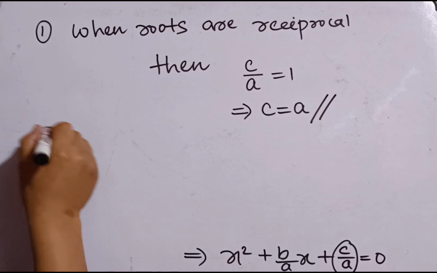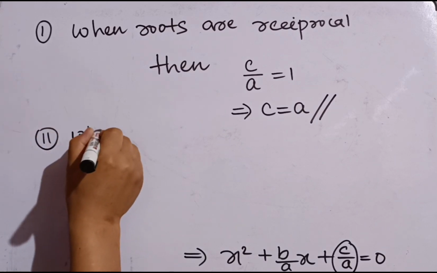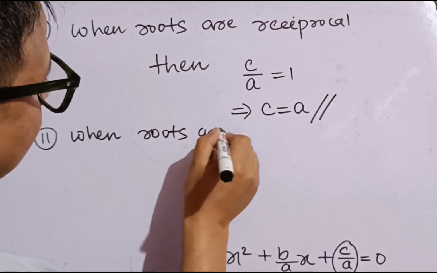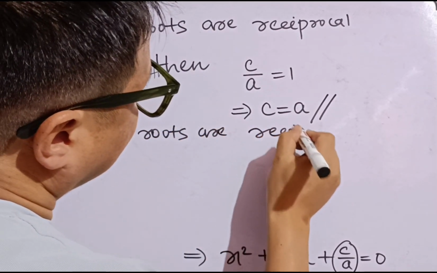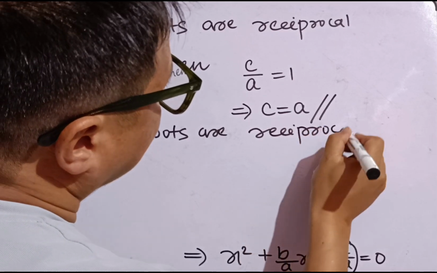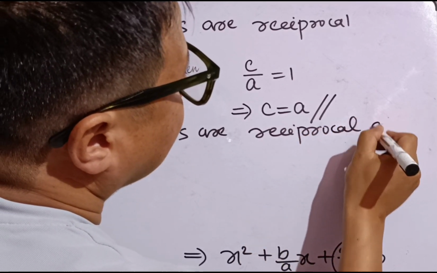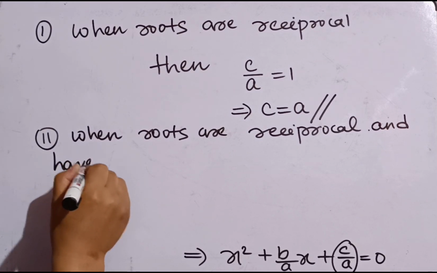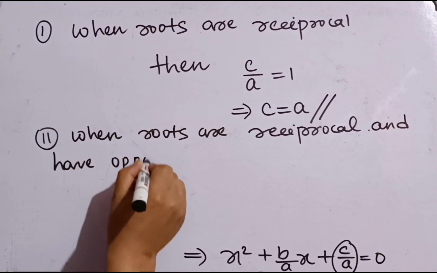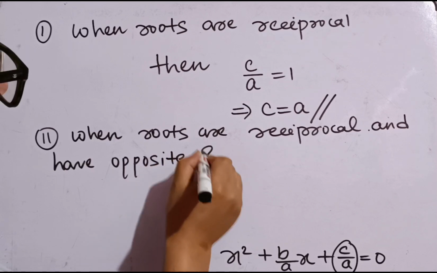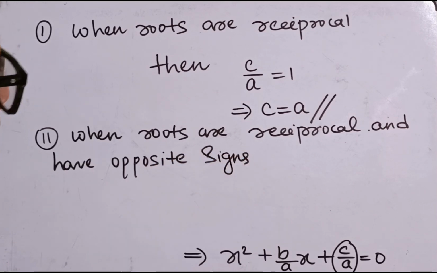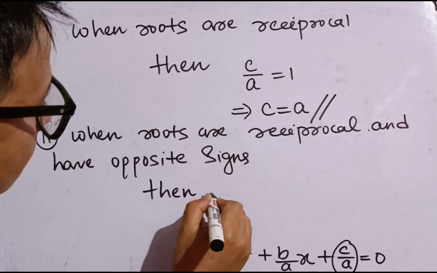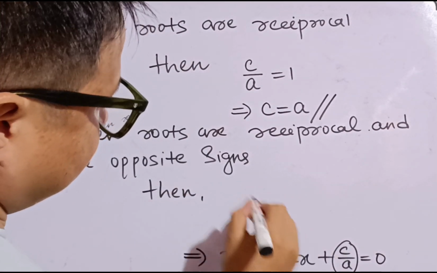And for the second condition, when the roots are reciprocal but have opposite signs, then their product must be equal to minus 1.